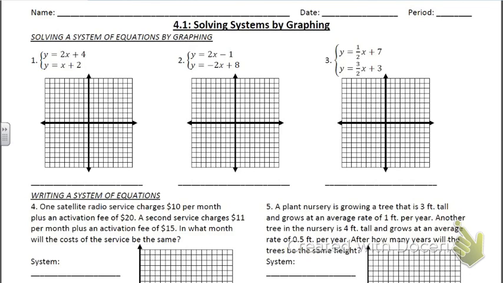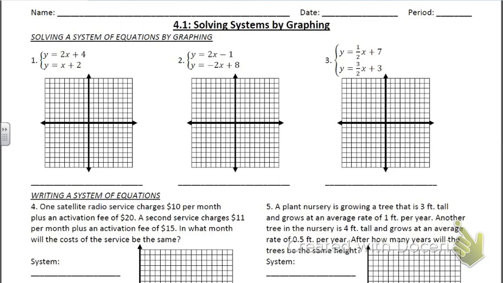One thing I want you all to be aware of. Please notice that in the examples that I give you, at least these first three, they're all in slope-intercept form. That's not always the case, but for the sake of time today, that's what we're going to be doing. But sometimes you might use x and y intercepts. Sometimes it might be in point slope form. Sometimes you might want to convert the equation to slope-intercept.